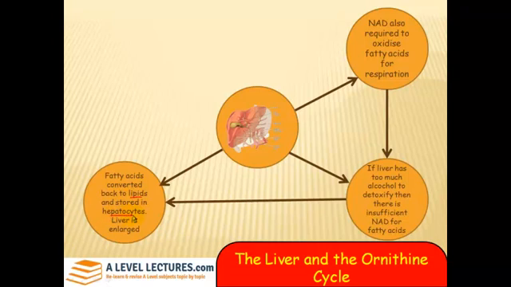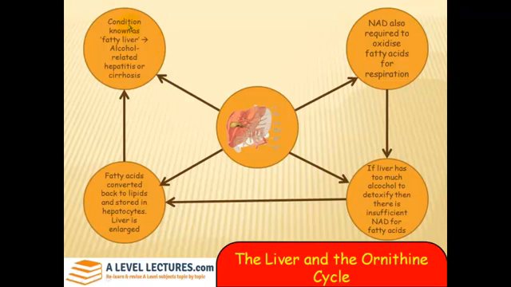Now, this isn't good. This is bad news. So the fatty acids that can't be broken down because there's not enough NAD, because NAD is being used to detoxify alcohol, are converted back to lipids, and these are stored in the hepatocytes. You're going to end up with an enlarged liver, and this is a condition known as fatty liver. Okay, so fatty liver is alcohol related, and you can get hepatitis or cirrhosis.